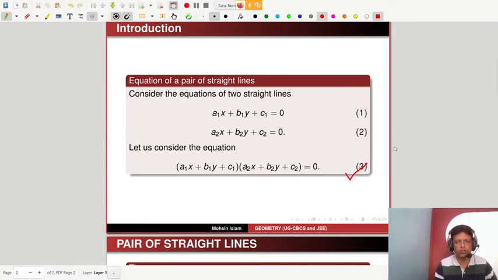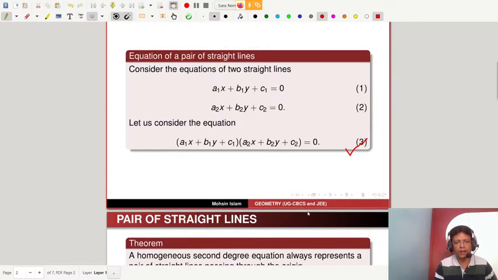Similarly, all points of the straight line 2 also lie on 3. Hence equation 3 represents both the straight lines, 1 and 2. Now if you expand 3, we get a second degree equation in x and y, and we say that equation 3 represents a pair of straight lines 1 and 2.